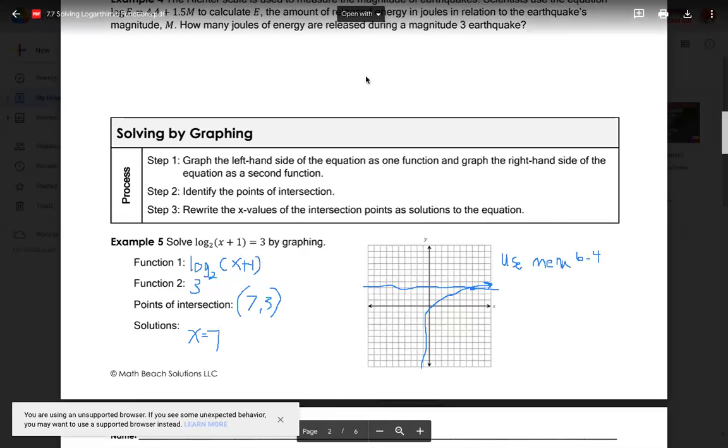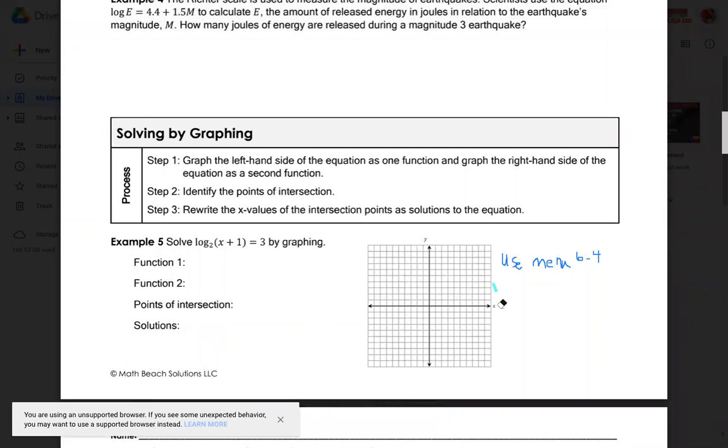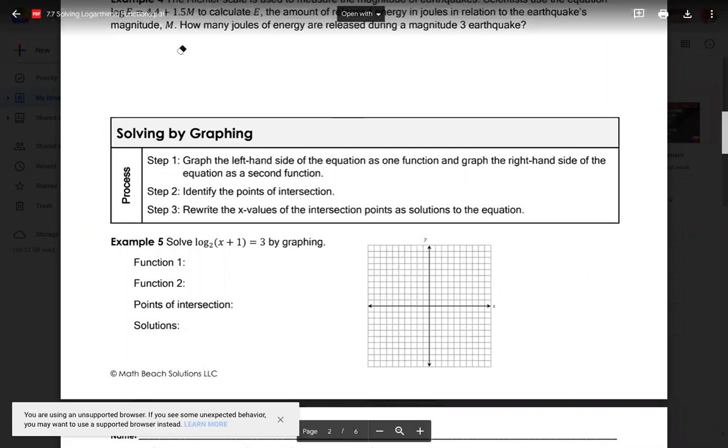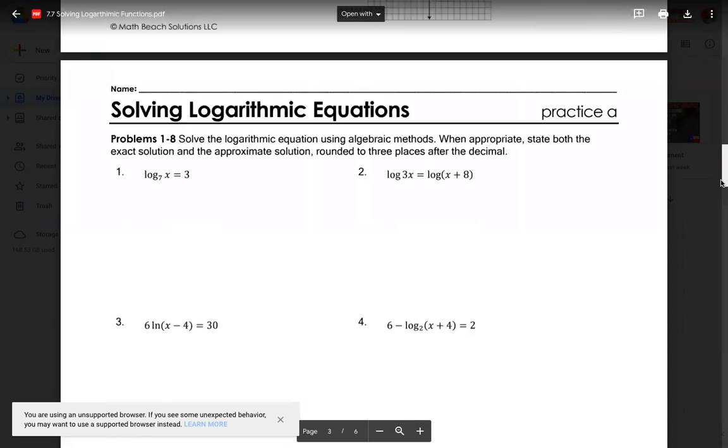Erase this stuff. All right, starting with practice A right here at the top. Go ahead and do number 1. If you look at number 1 right here, what are you noticing?